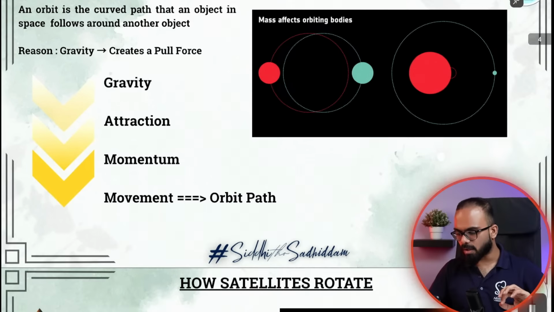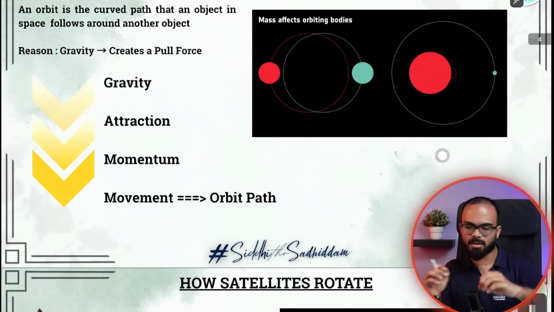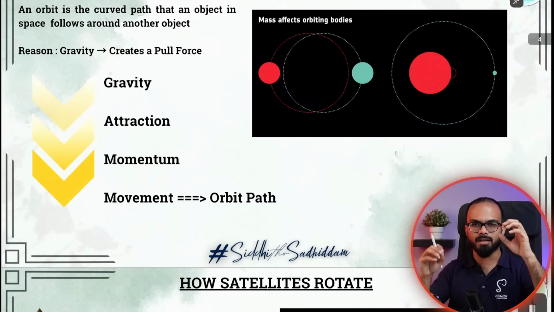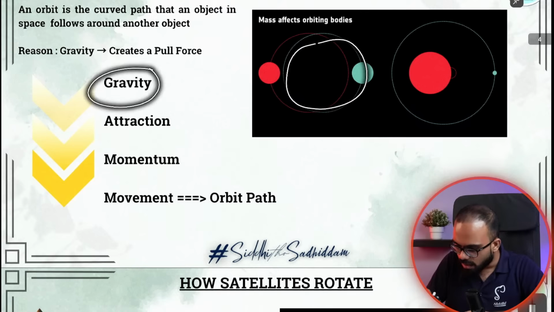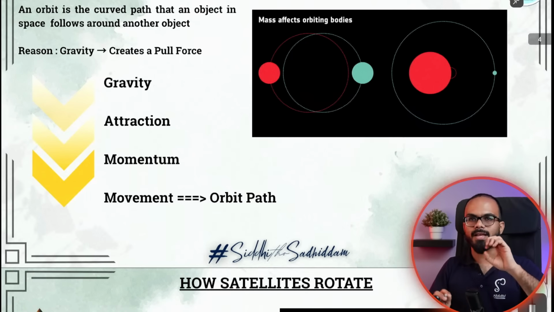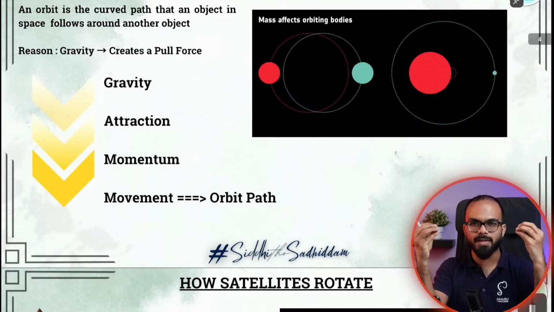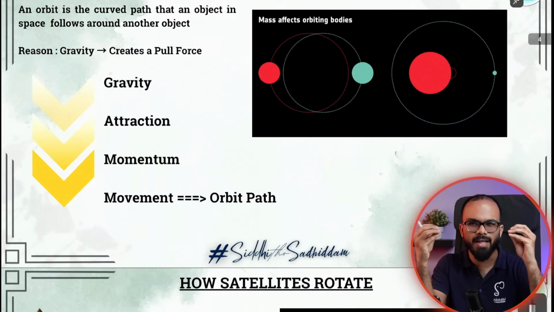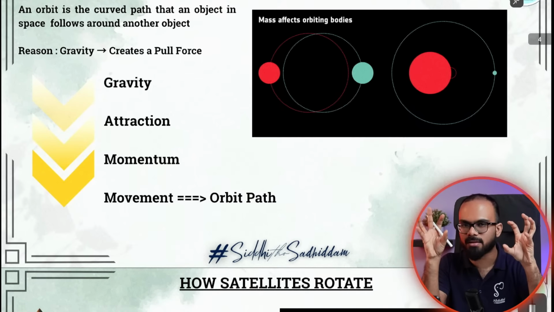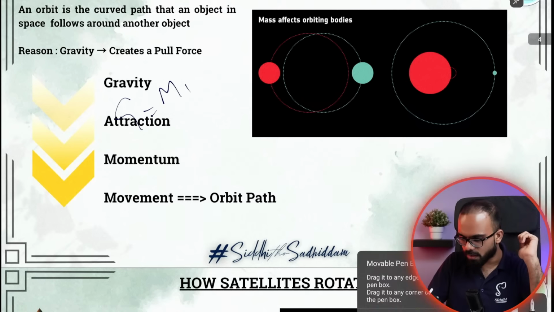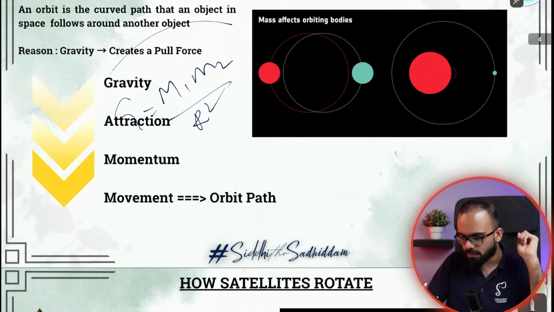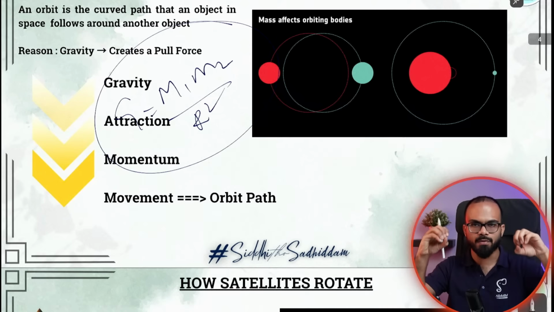As the bodies are rotating around each other, let's say there is one bigger body and one smaller body, there is an experience of gravity. Gravity is the force of attraction between any two bodies, and gravity is directly proportional to the masses. We studied about this in school: F = G m1 m2 / r². So gravity is the force of attraction.